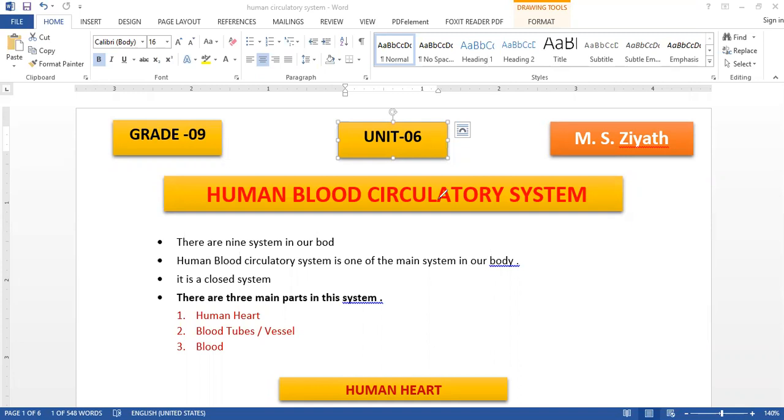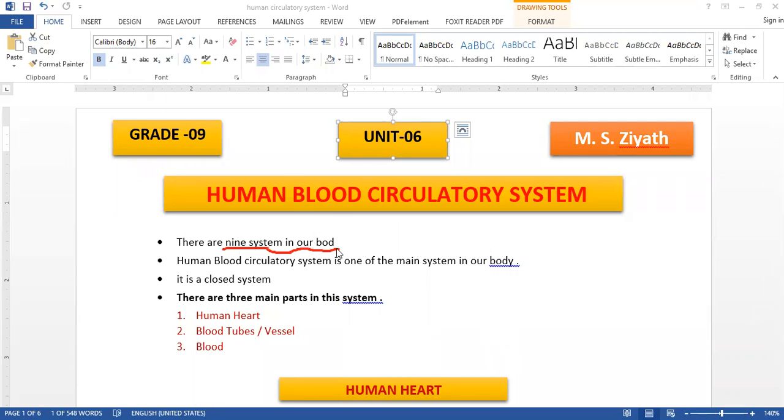We might have studied about 9 different types of systems in our body. There are about 9 systems in our body.